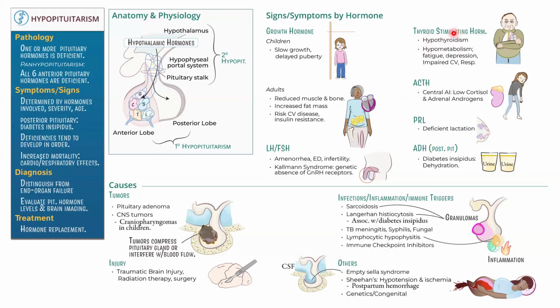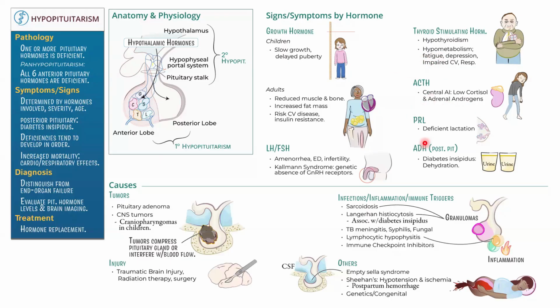For example, thyroid stimulating hormone stimulates the thyroid to produce thyroid hormones. So with deficiency of thyroid stimulating hormone, you'll have hypothyroidism. And the function of the thyroid hormones is regulation of metabolism, so you'll have hypometabolism.